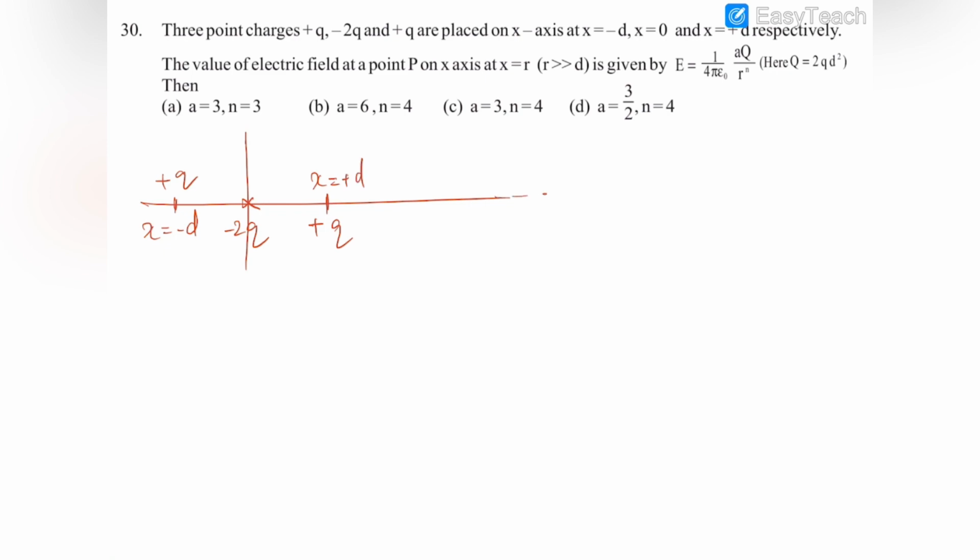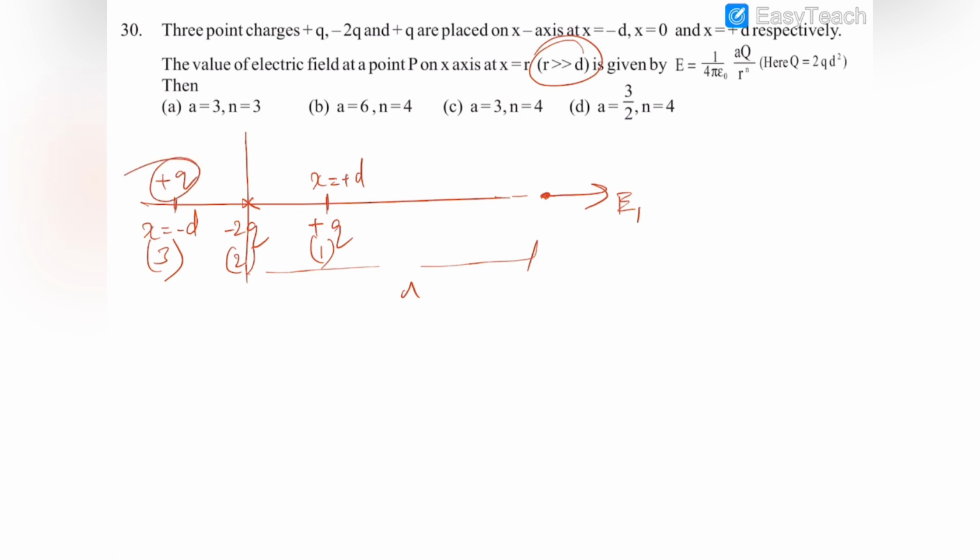Now we have to find out the electric field at a point which is at a distance r, where r is very much greater than d. So let us first of all write down the electric field due to this charge 1, this is 2, and this is 3. So this would be E1 because it would repel any positive charge at this point.